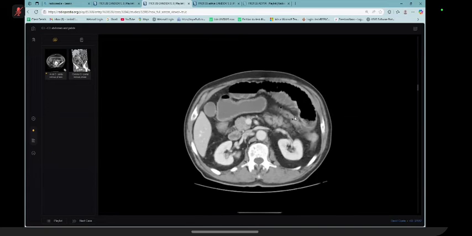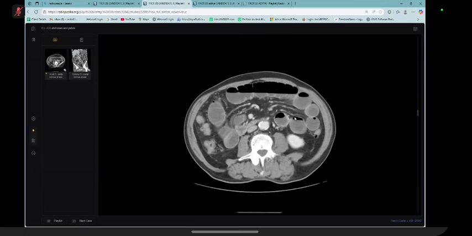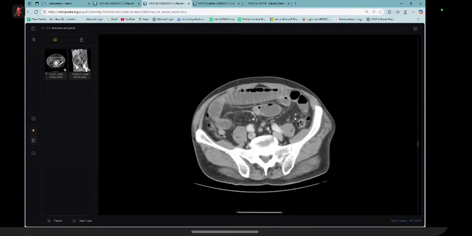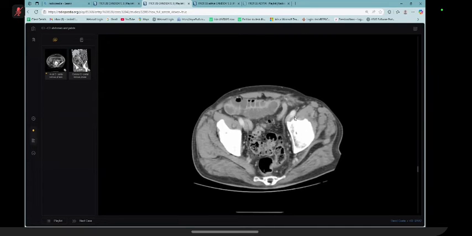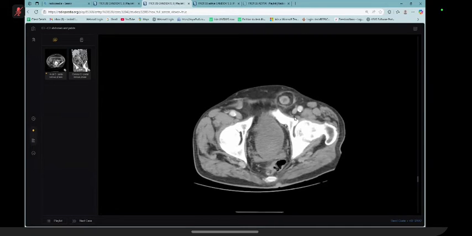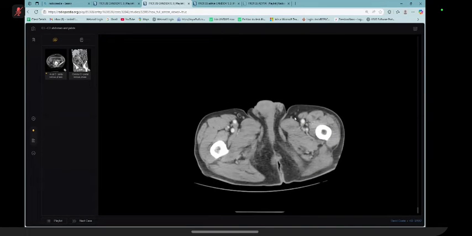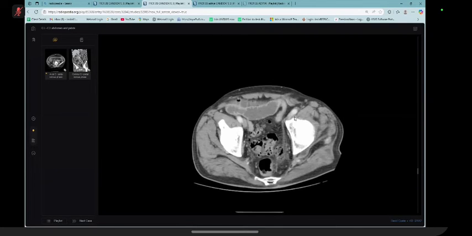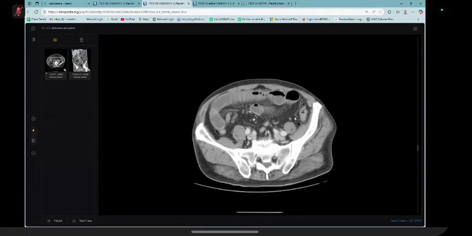I will have a look and then I will comment. Okay. This patient has multiple small bowel dilatation with a string of pearls appearance.